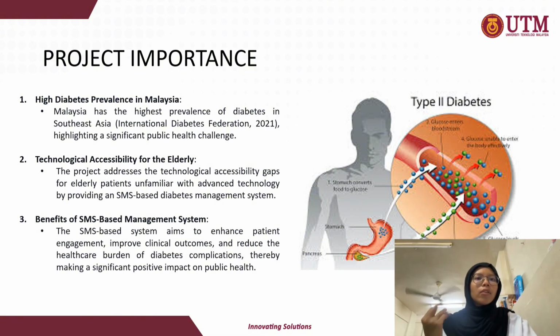Second is technological accessibility for the elderly. This project addresses the technological accessibility gaps for elderly patients who are unfamiliar with advanced technology by providing an SMS-based diabetes management system. Third is the benefit of the SMS-based management system. The SMS-based system aims to enhance patient engagement and improve clinical outcomes.